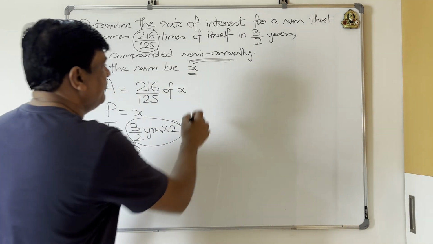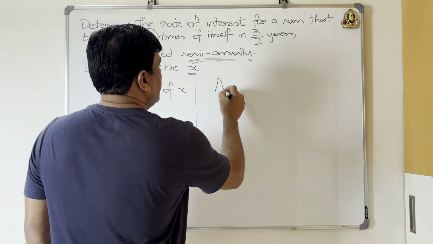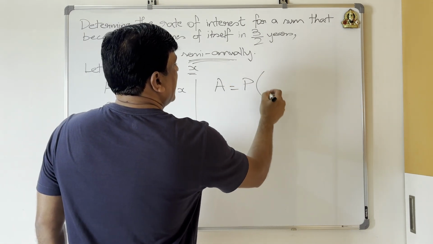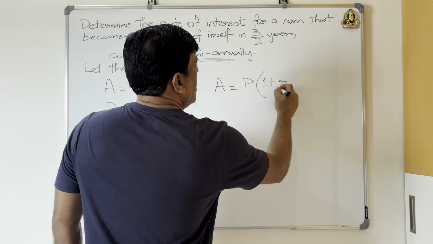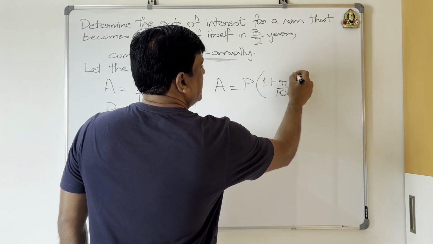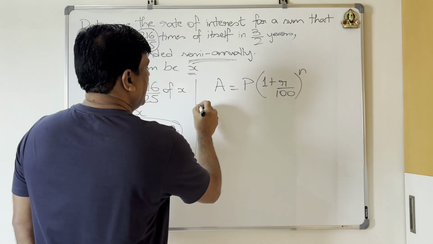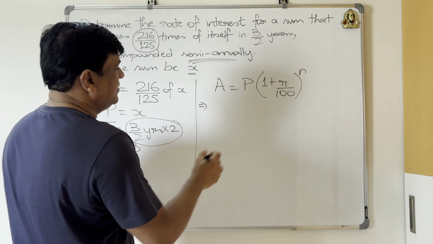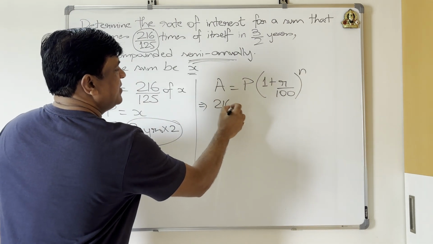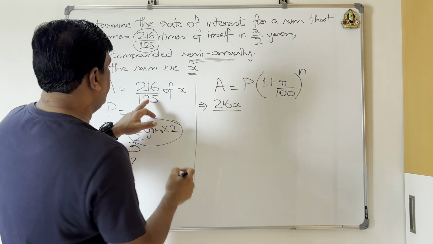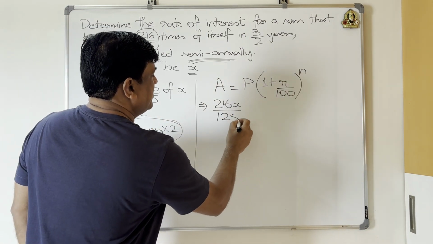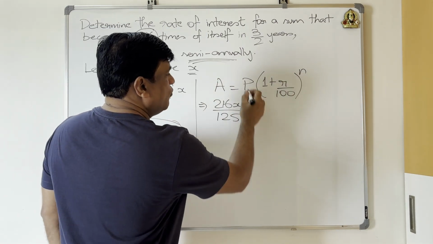Let's go ahead and put it in the formula. A is equal to P times 1 plus R by 100 whole to the power n. Your A is 216x divided by 125, is equal to, what is your P?